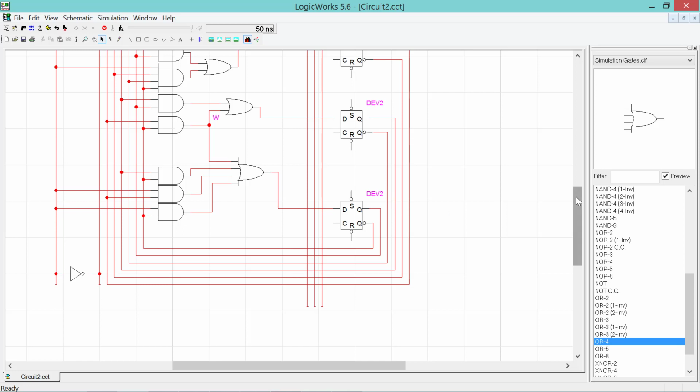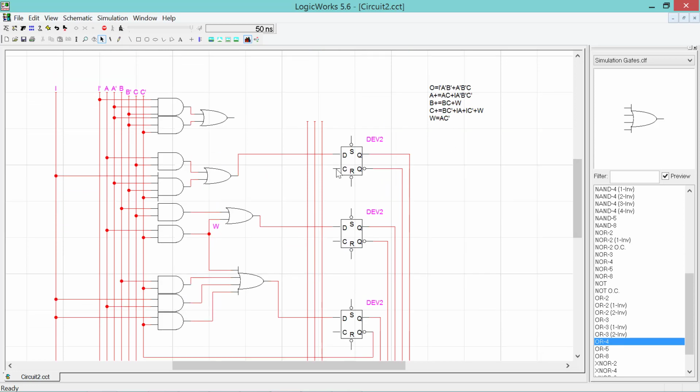So let us connect our clock. All 3 flip-flops connect to the clock signal. 1, 2, and 3 flip-flops. And then we need to connect our reset signal.